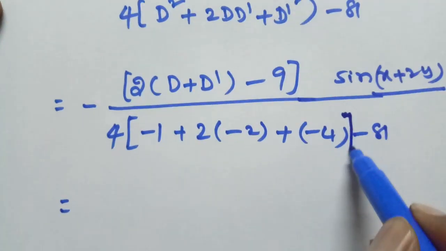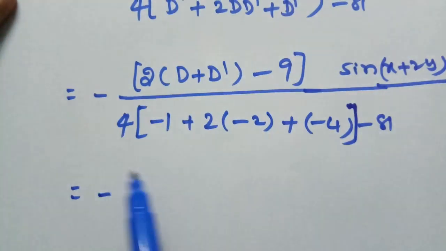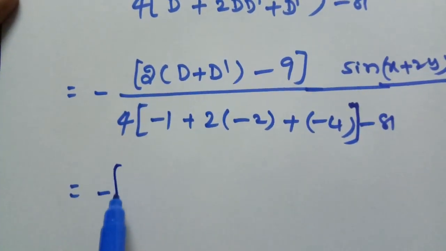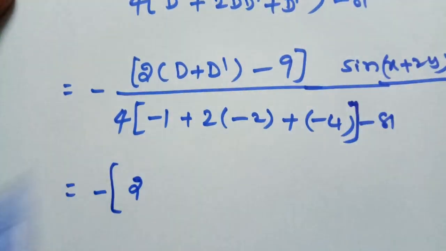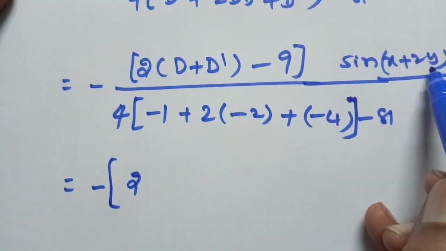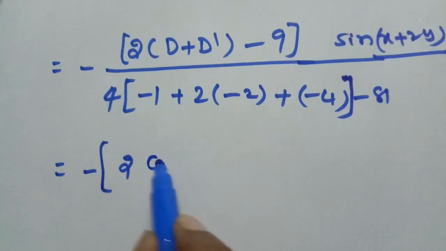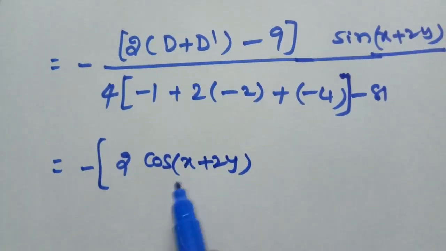Therefore, this is equal to −2 into the partial derivative of sin(x + 2y) with respect to x. Sine derivative is cos(x + 2y), and the derivative of x is 1.